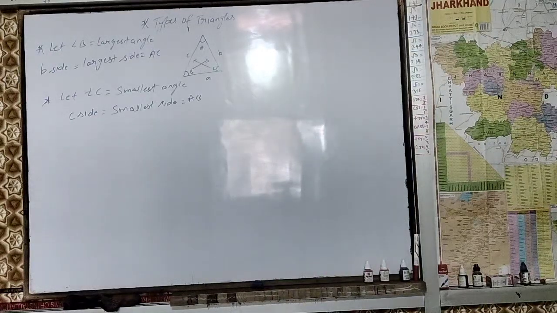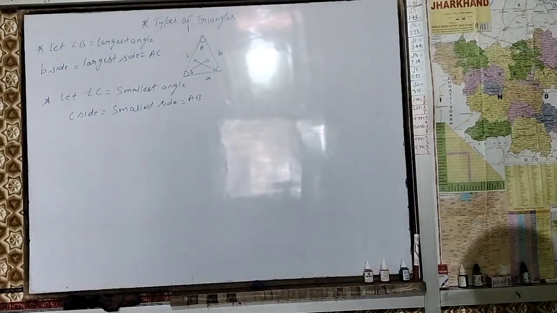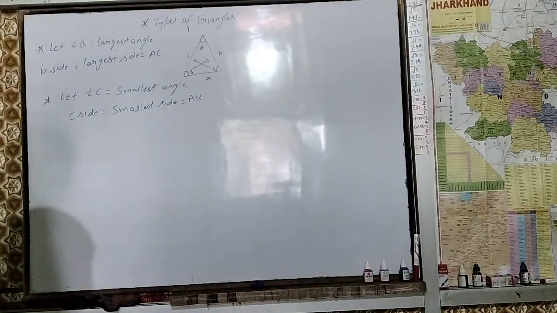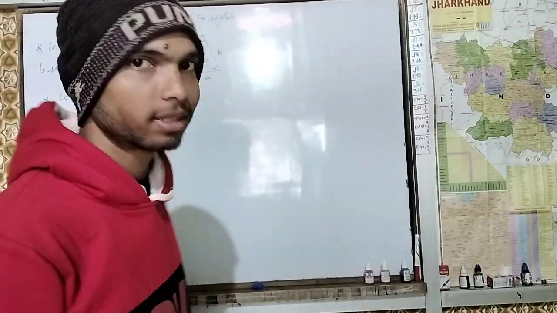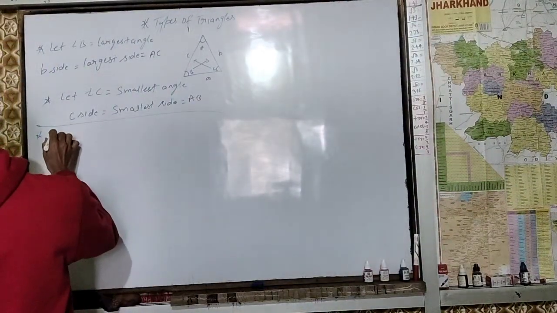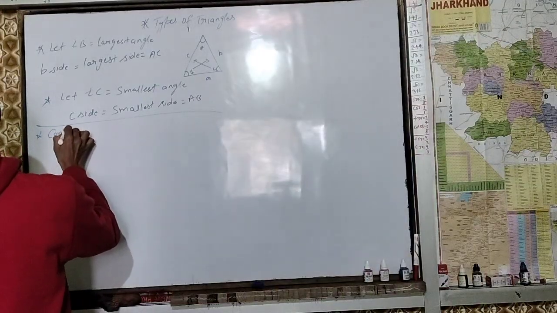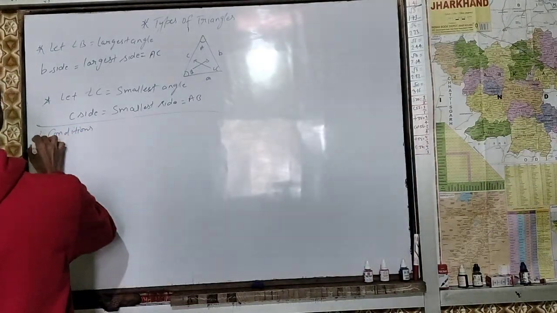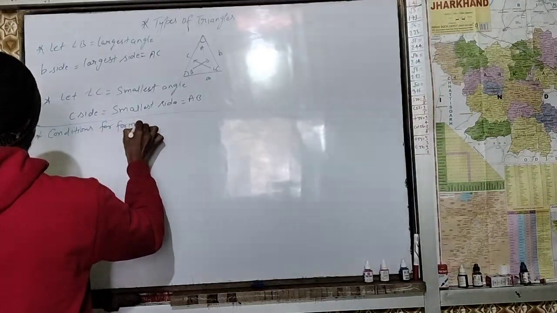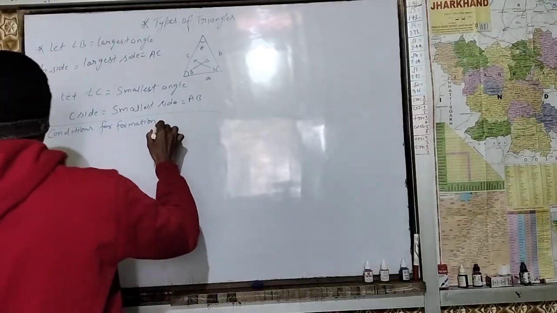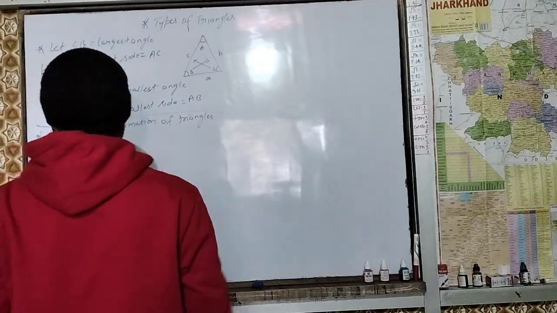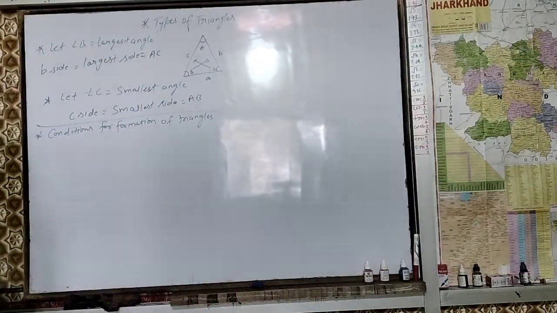Now next we have the inequality of a triangle. How do we form a valid triangle? The conditions for formation of triangles are what?